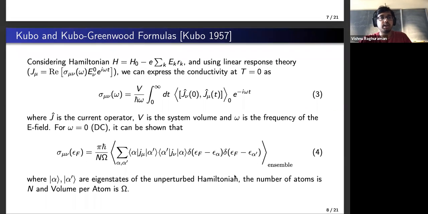Now we are using the KKR method. In the KKR method, we don't deal with system wave functions. We only use single site wave functions and a system's Green's function. So we would like to convert this into some expression that has Green's functions, or rather that uses multiple scattering matrices, because that is what we have with us in this method.